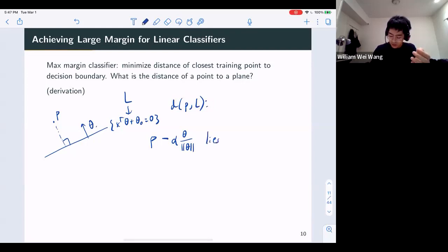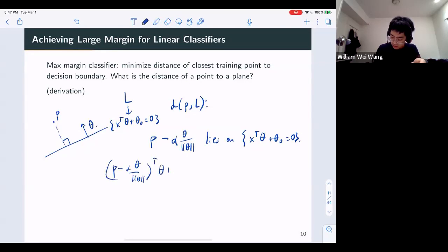So you want this to be on this line. Well, if you write out what this equation says, it will say that P minus alpha theta over norm theta, transpose theta, plus theta naught equals 0.